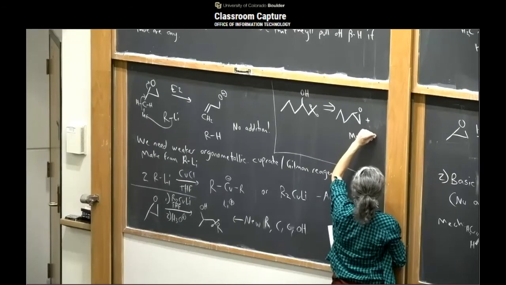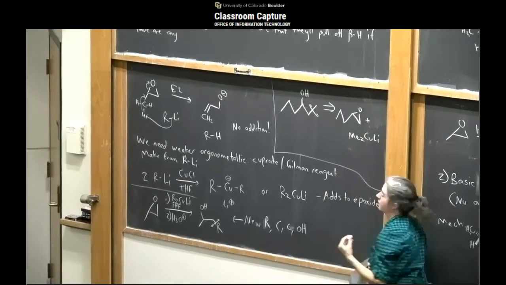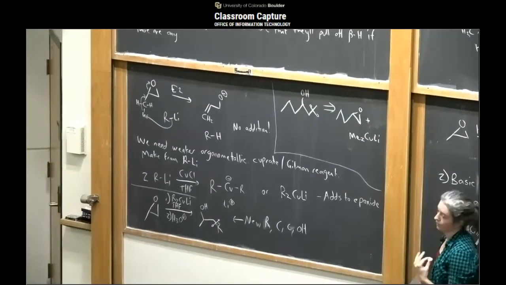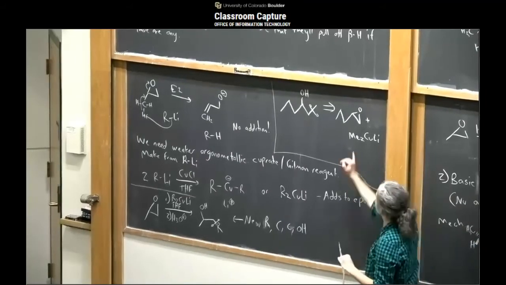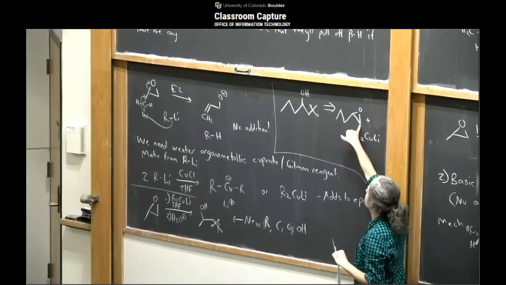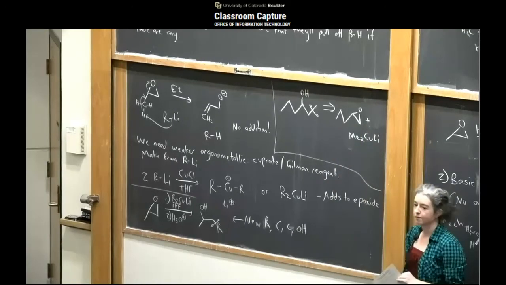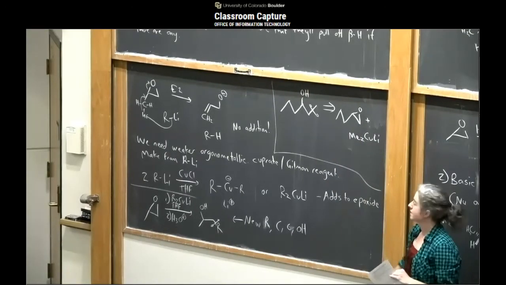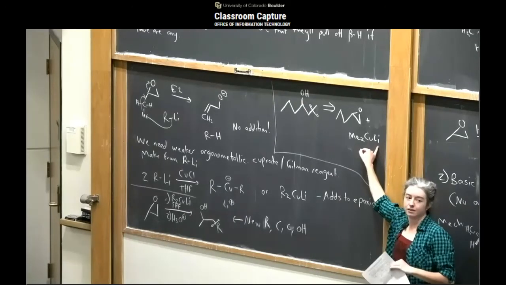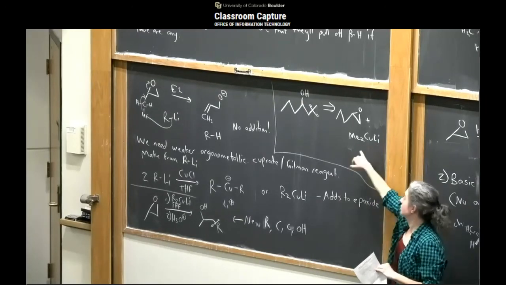So Me2CuLi would have been a way to put that together. Just to double check, does this methyl group attack on the less substituted carbon to get there? Yes, it does. So we're good on regiochemistry. Okay, so questions about that? Okay, so that's one way to work backwards.